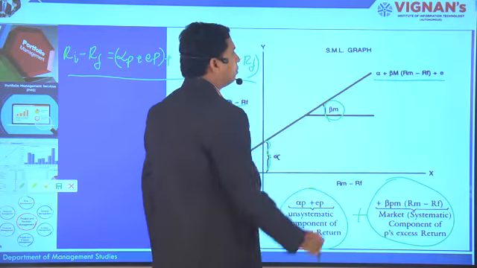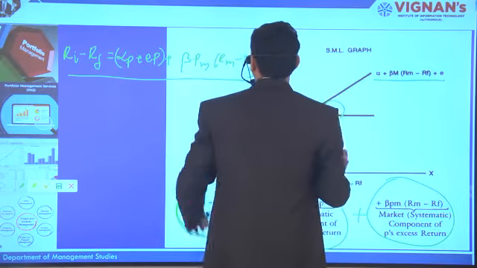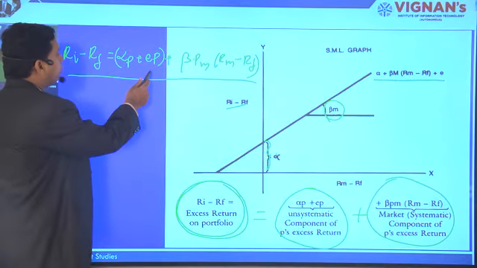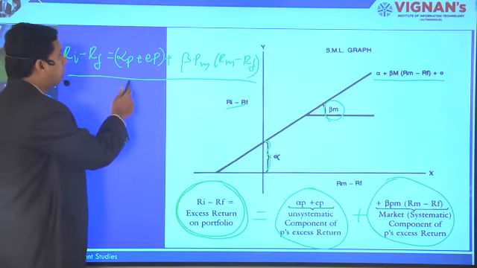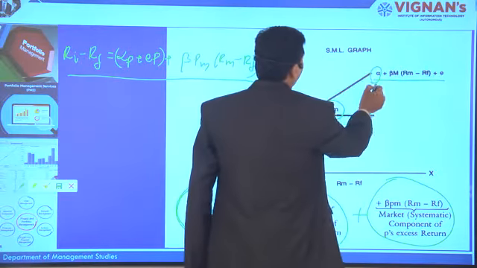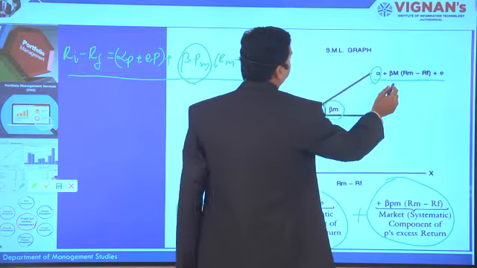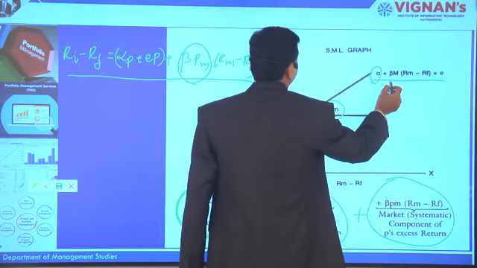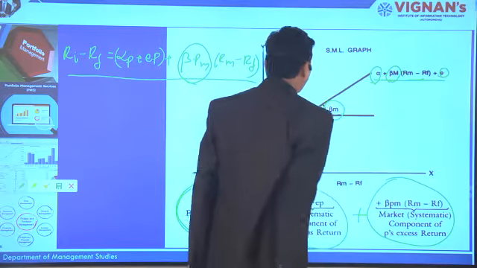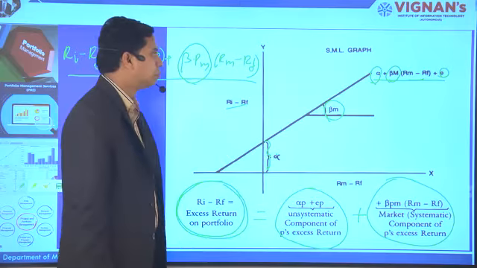The line can be indicated in this way: alpha p is the error term of a portfolio, plus alpha p, which is the return of a portfolio, and then beta m multiplied by the beta of the market, and Ri minus Rf, plus the error term E. Finally, this line represents the Sharpe single index model.